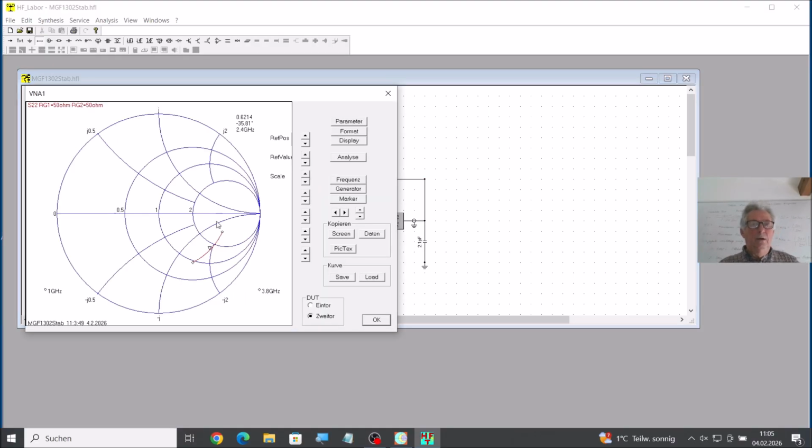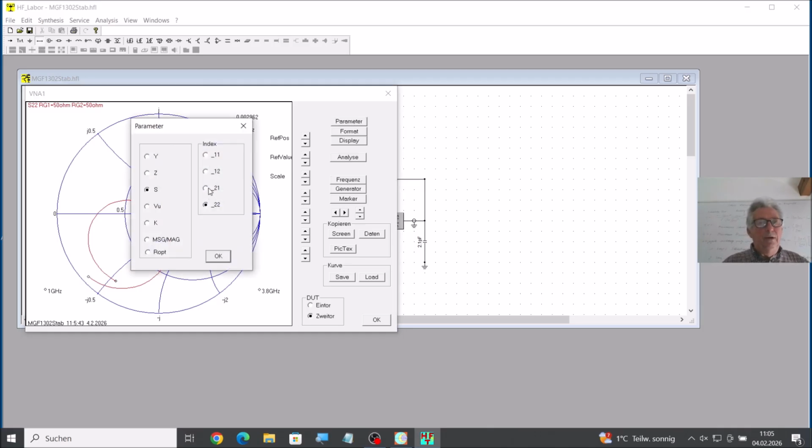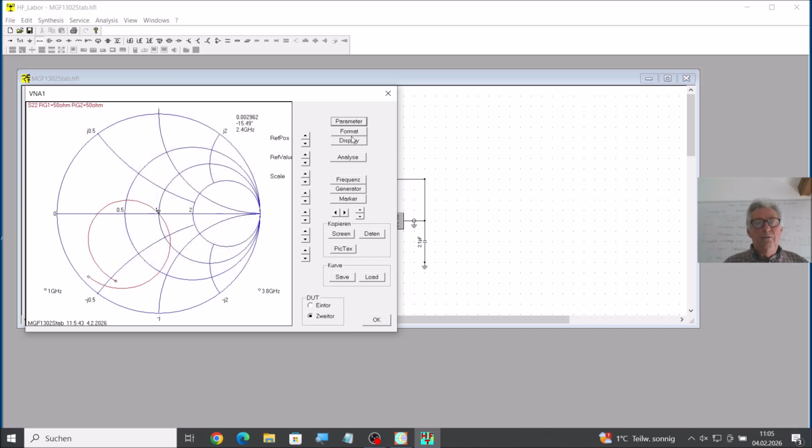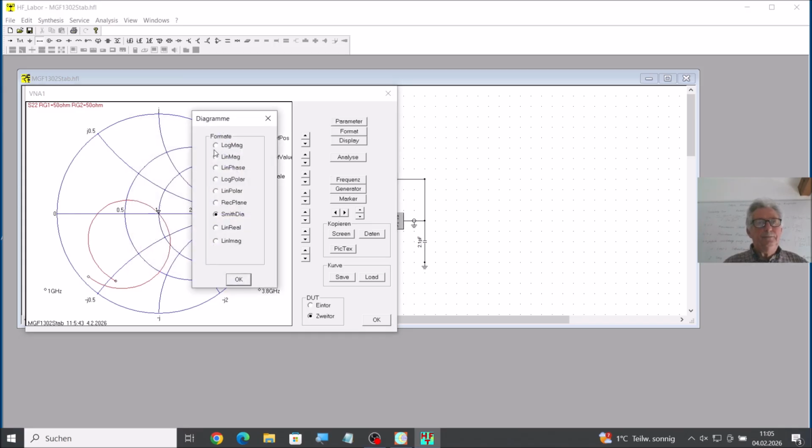So here is our reflection coefficient, the analysis without our matching circuit. And if I do the analysis again, you will see that our marker jumps into the matching point. And we can have a look, for example, now at the parameter S22 in the log mag format.